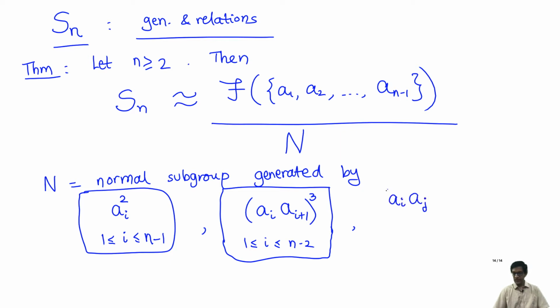Let's take any Ai and multiply it by Aj and take the square of this element. Now what are i and j here? j can't be i plus 1. So j has to be greater than i, but farther than just one step apart, so two steps or more from i. So i and j are between 1 and n minus 1, but j is at least i plus 2.